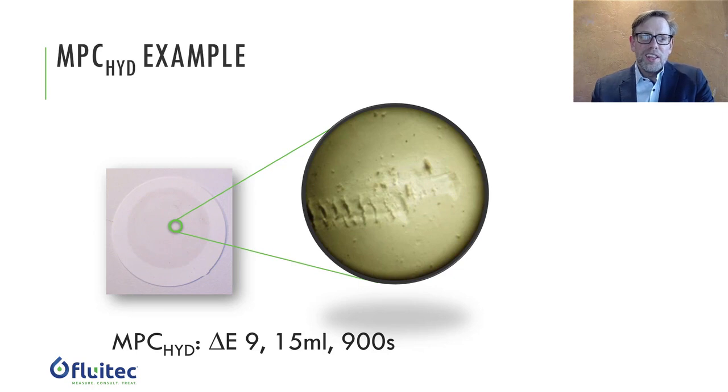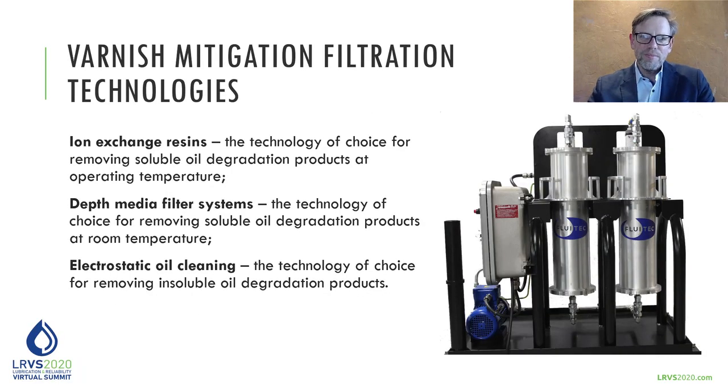So this is another good example. This was from a synthetic fluid, and maybe a little different mode of degradation than we sometimes see in mineral-based hydraulic oils. Nonetheless, it's still a good example of the value of adding these extra reporting procedures onto the test.